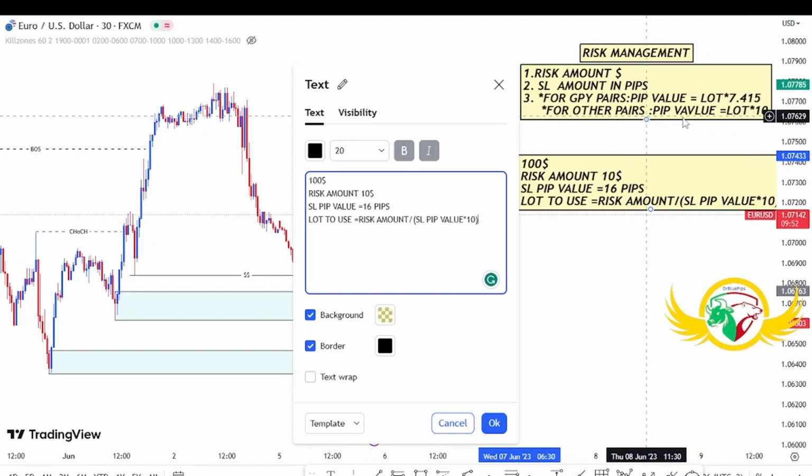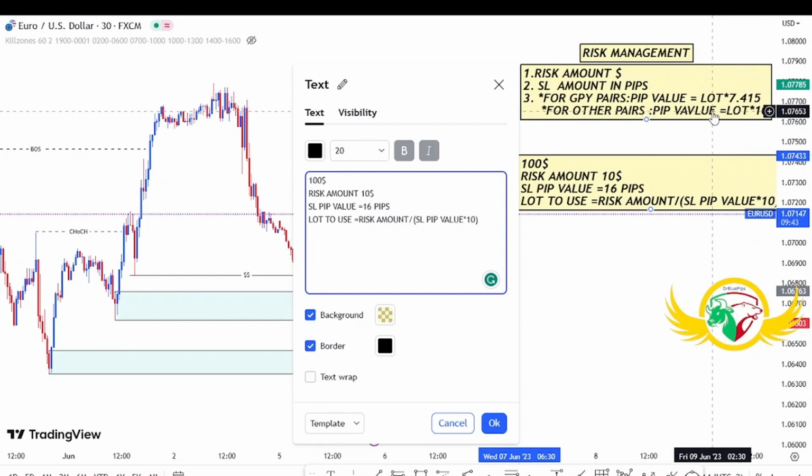But for other pairs, to calculate the pip value, we use lot times 10. We multiply by 10. For our example, we use 10 because it is EUR/USD, which is a non-JPY pair. That is why we use times 10. If it were a JPY pair, we would have used 7.415.